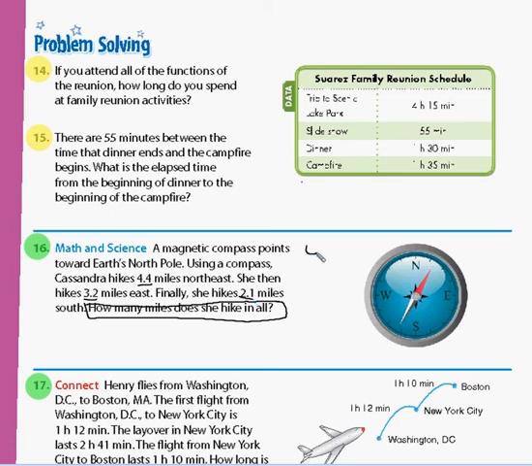That's 4 4/10, 3 2/10, and 2 1/10. Okay, add that up. 4 plus 2 is 6, plus another is 7, 7/10. And 4 and 3 is 7, plus another 2, 9. So that's 9 7/10 miles.